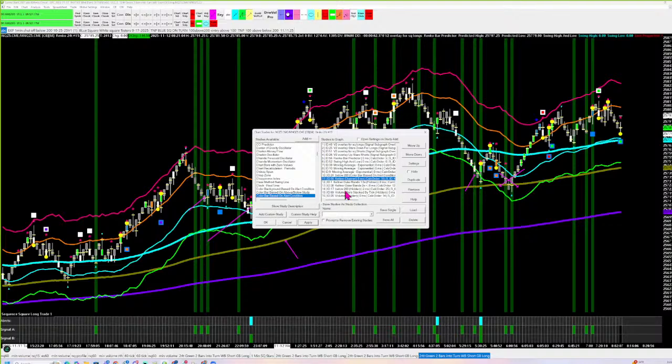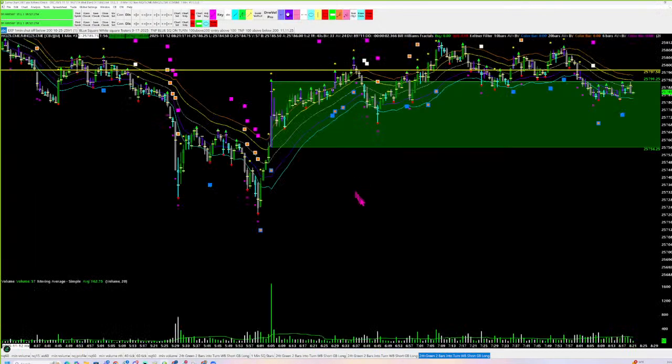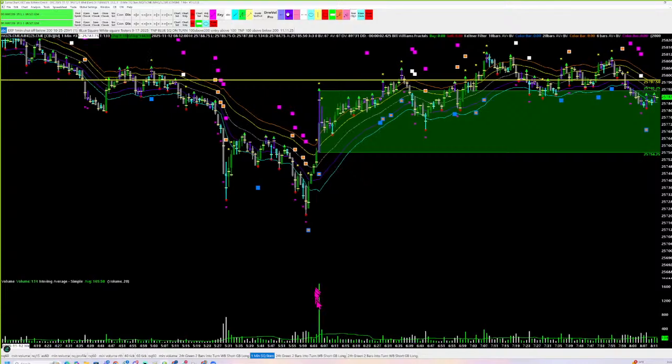Okay, so there's several big things on the table for today. First of all, I'm closing this out because I already have it. Right click, close, remove, yes. Okay, so number one, this is the biggest volume bar of overnight.